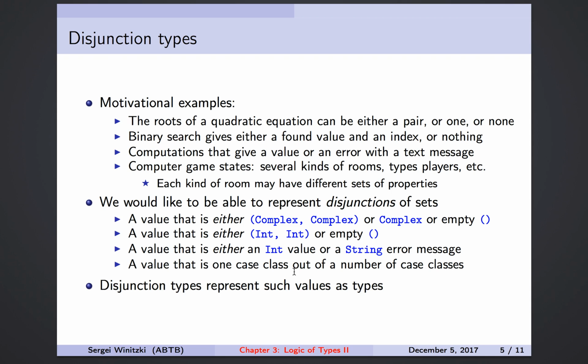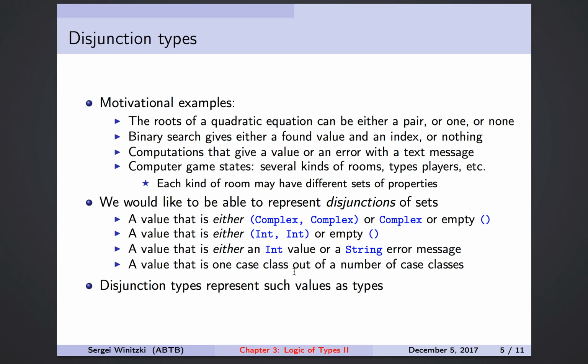So now let's look at disjunction types. The motivation for having disjunction types is that sometimes we have situations when data comes in different shapes, and it can be several different data in one kind of container.